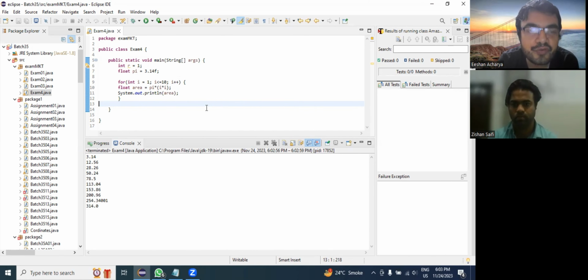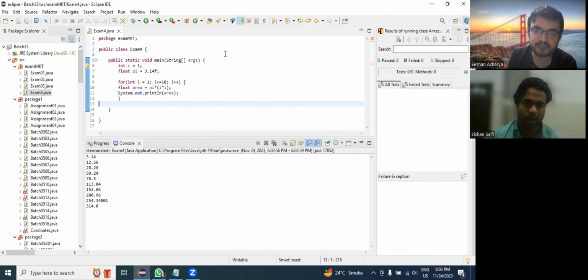So can you solve the same problem using scanner?